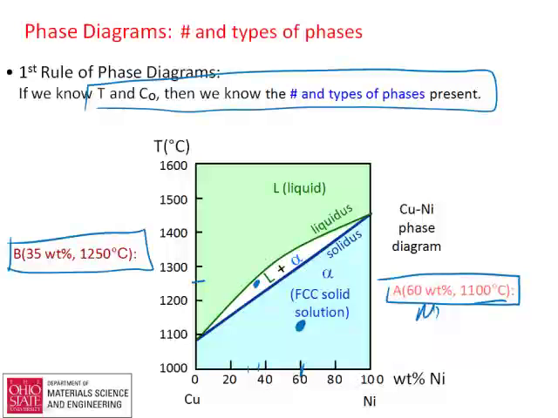And that would be two phases, liquid plus solid. So now this sets up the next questions we want to answer: what's the composition of each phase, how much nickel and how much copper is in each phase, and how much of each phase is there. We'll get to those in due course.